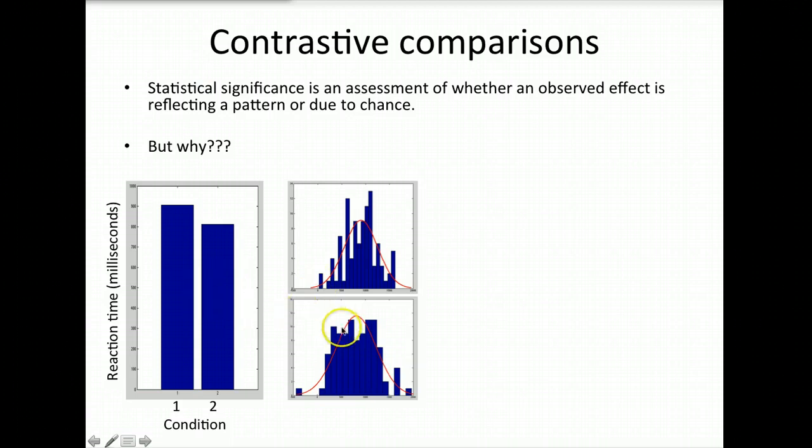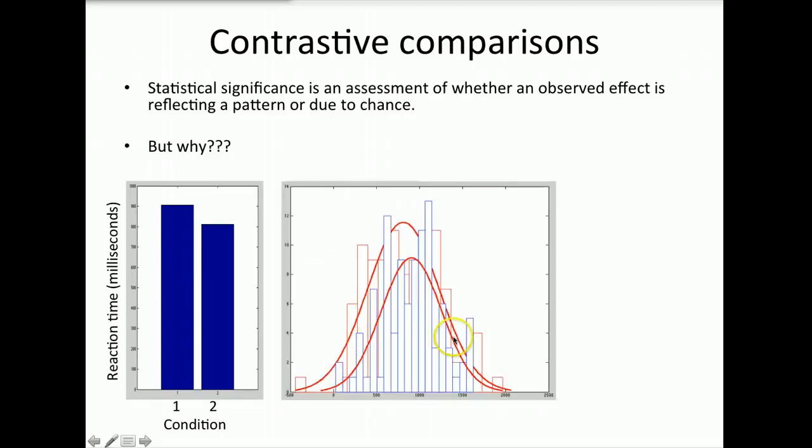And what we can do now is we can actually put these on top of each other. We can superimpose them on top of each other. And what we will see here is that the two means, like this mean and this mean, that is reflected over in this graph, when we look at the raw data and how they are distributed in this plot, we can clearly see that they are not that different.